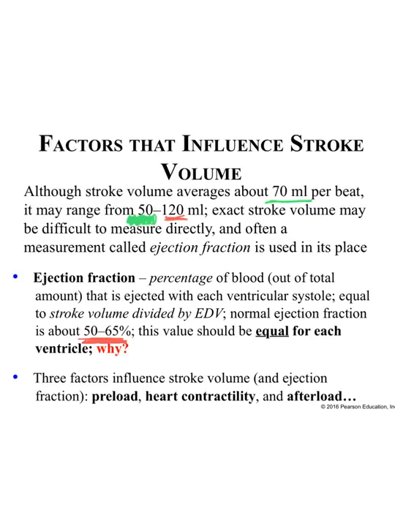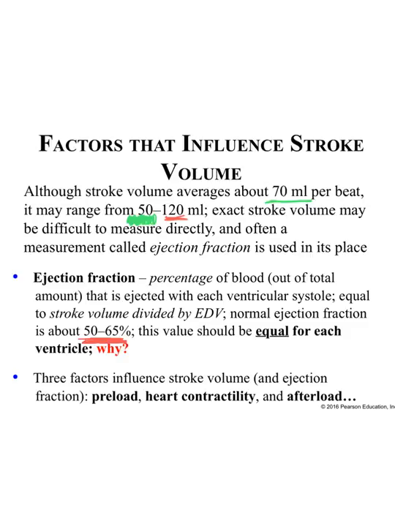This value should also be equal for each ventricle. That's hard for some people to understand, especially because we said the left ventricle is much thicker walled. It's thicker walled because it pumps blood through more vessels, so it has to have a greater pressure. It does not pump more in the amount per beat.